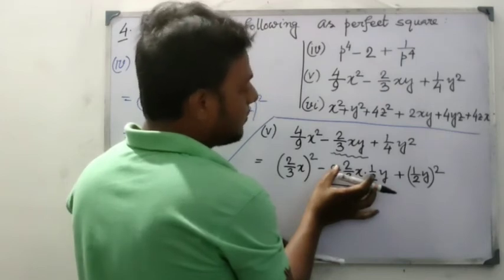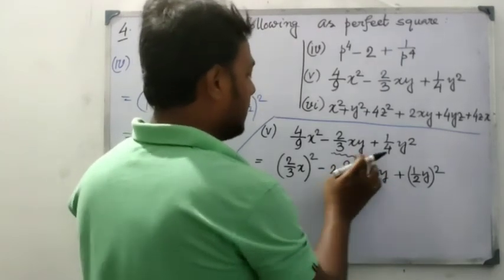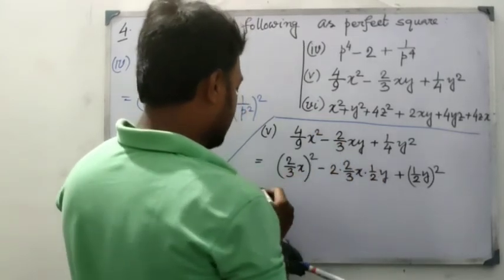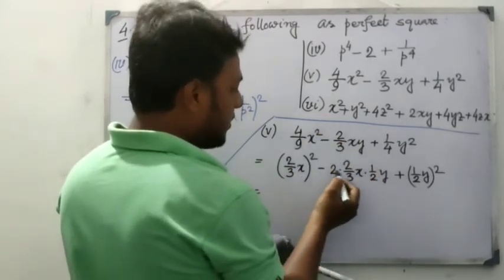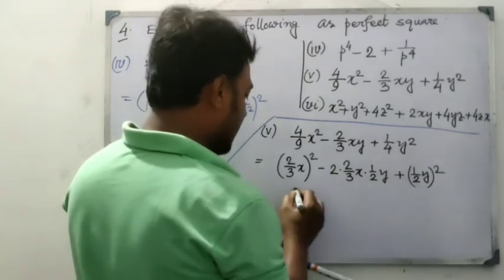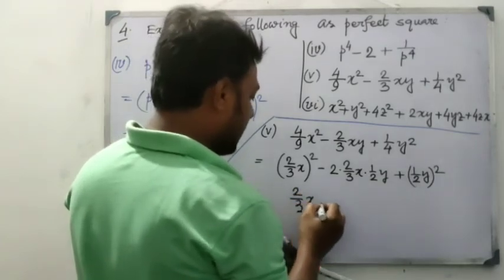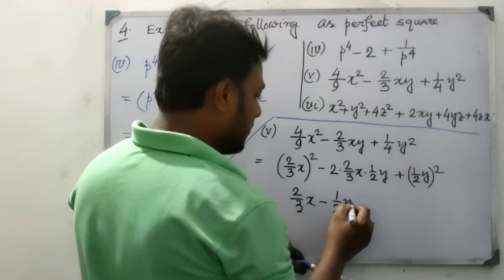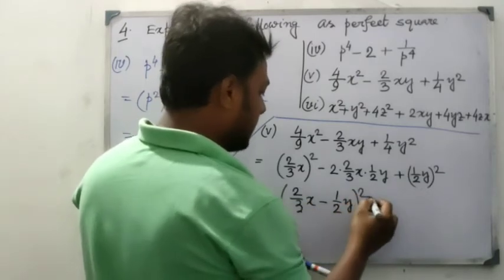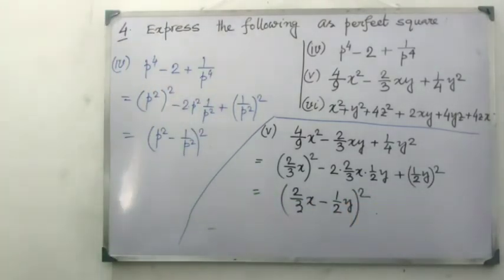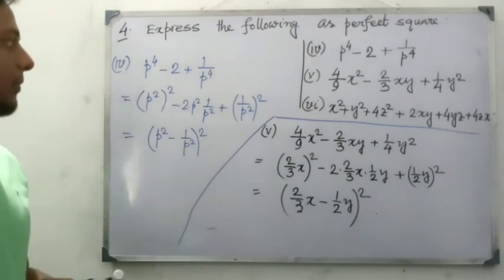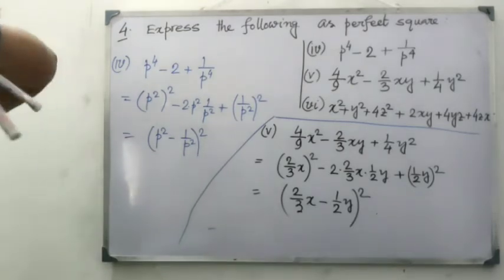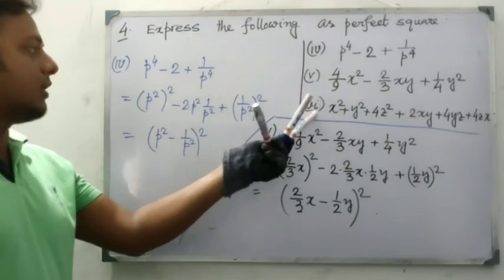So 2 by 3 and x into y, okay, done. So these two lines are identical. So this is of the form a square minus 2ab plus b square, so a minus b whole square. So this is 2 by 3x minus 1 by 2 into y whole square. This completes the solution. Okay. Not done? Pause the video. Next, the last one.